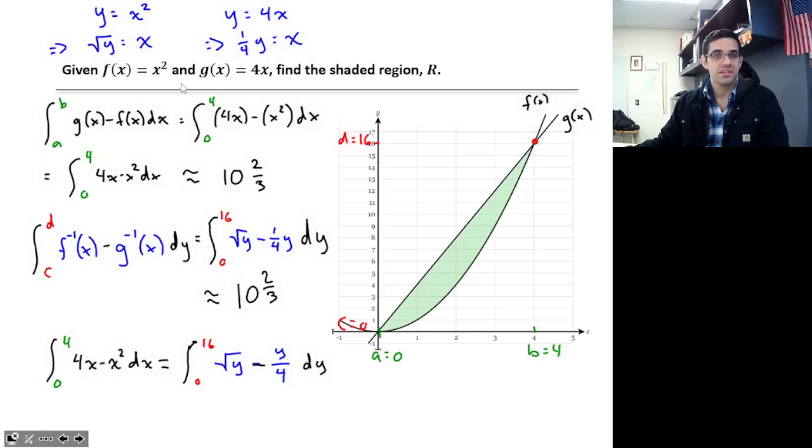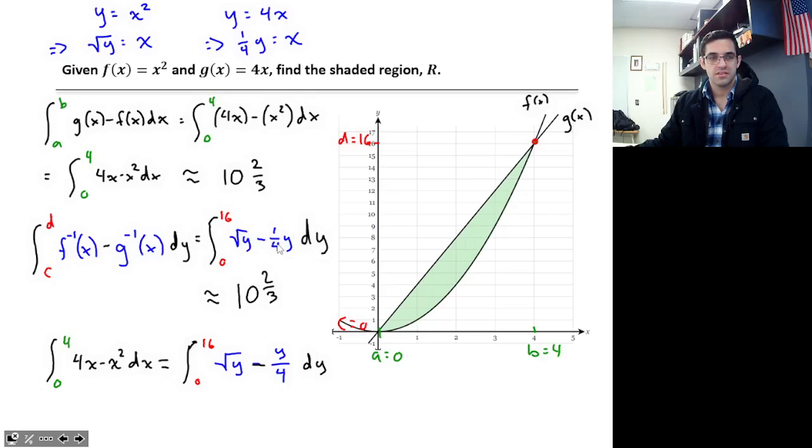If my f function is x squared, and I solve for x, then we'd have x equals the square root of y. And for g of x, if I solve for x, we'd have 1/4 y equals x. So I'm going to use square root of y and y over 4, 1/4 y, as our f inverse and g inverse functions. Our c value and d value would be 0 and 16 respectively. So we integrate this difference with respect to y.